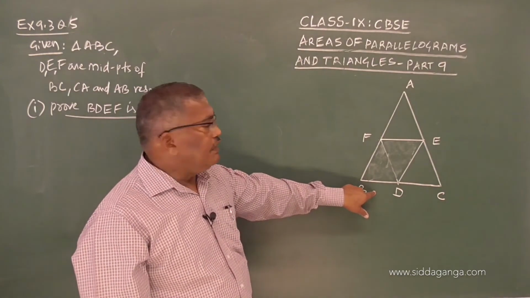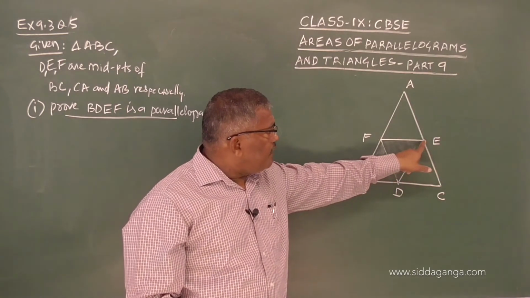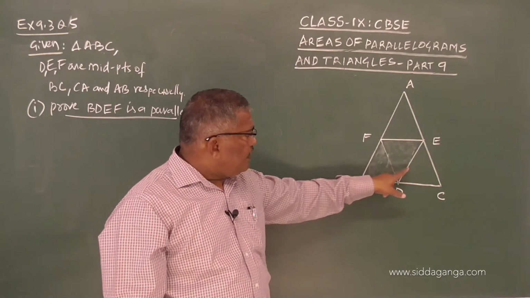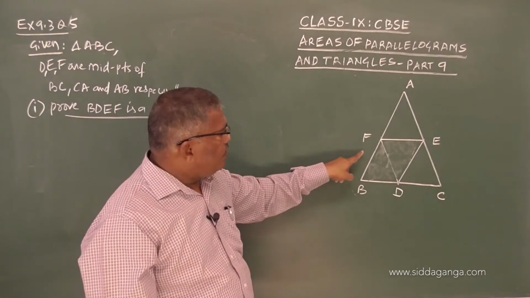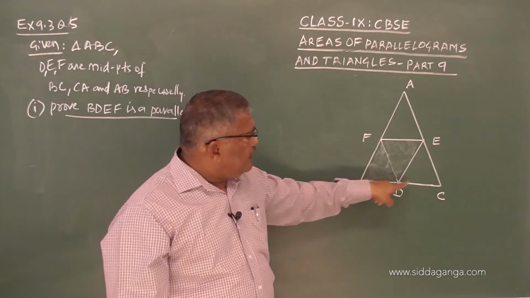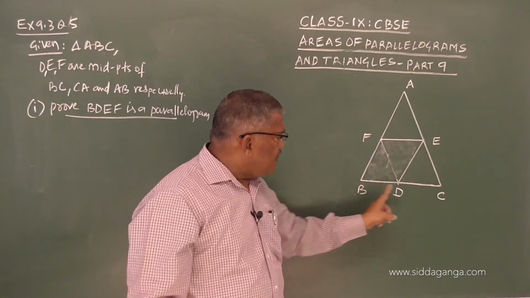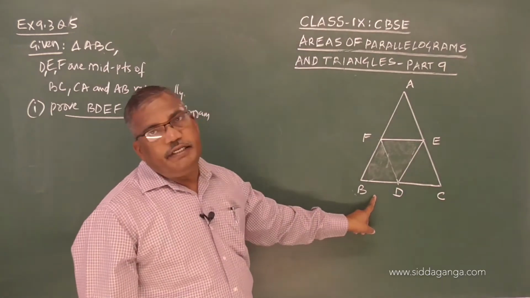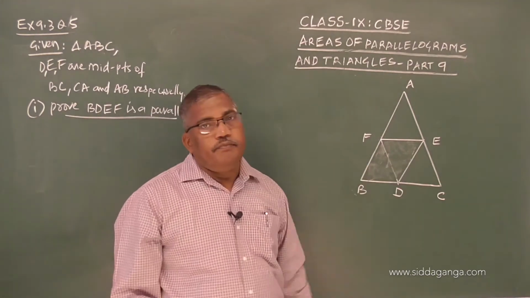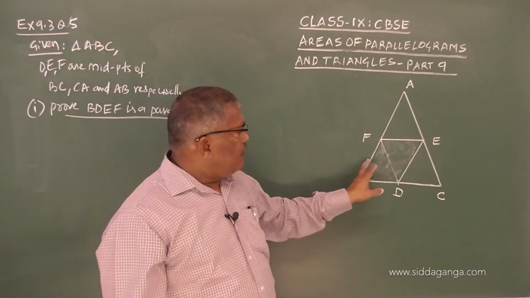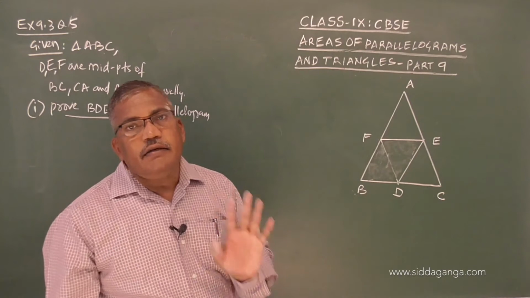Similarly, D and E are midpoints of AC and BC. Therefore, DE is parallel to AB. When FE is parallel to BC, it is parallel to BD. So when two pairs of opposite sides in a quadrilateral are parallel, we can definitely say it is a parallelogram.